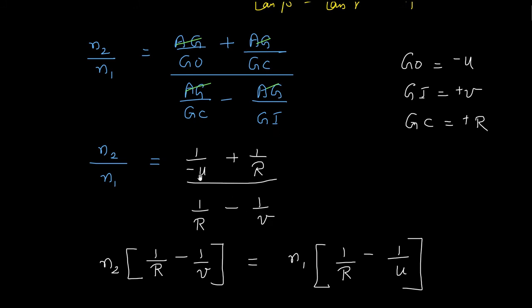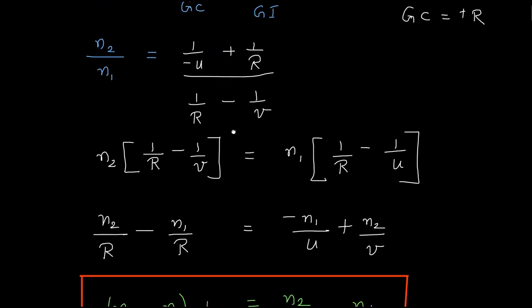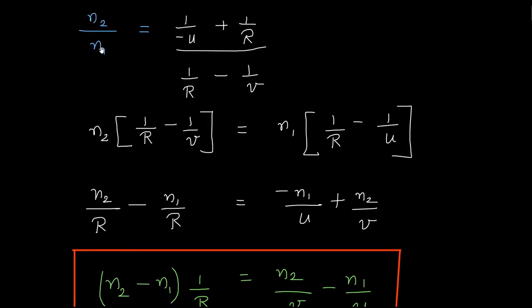So 1 by minus u is minus 1 by u plus 1 by r divided by 1 by r minus 1 by v. Cross multiplication, we get n2 into 1 by r minus 1 by v equal to n1 into minus 1 by u plus 1 by r, n1 into 1 by r minus 1 by u.